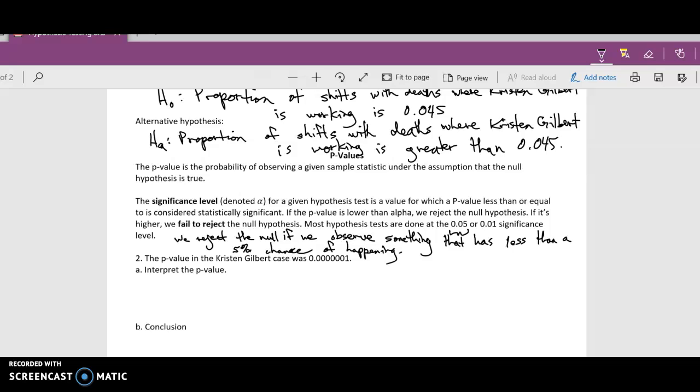If we're talking about the significance level 0.05, that's what that means. If we've got this null hypothesis and this alternative hypothesis, and we get a value and ask how likely is this value to have happened if we know the null is true? Well, if there's less than a 5% chance of it happening and we're using a significance level of 0.05, then we're going to reject the null.